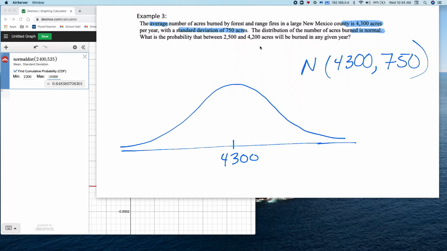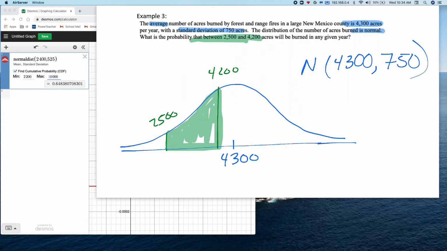If I were to highlight where that is, I'll do it in green. If I'm trying to find that probability, I know that 4,200 is just to the left of the mean, so that's 4,200 down to 2,500. I don't really know where that is, but that's the area I'm looking at, right there.